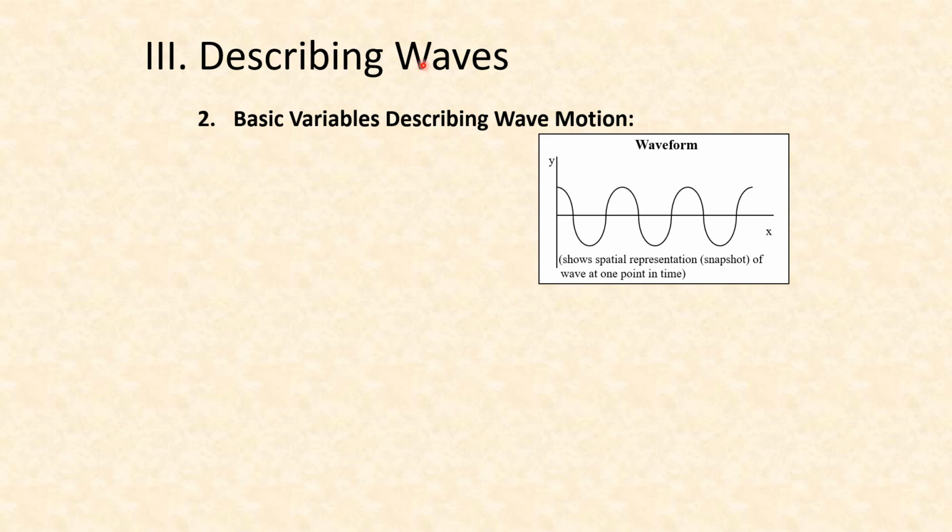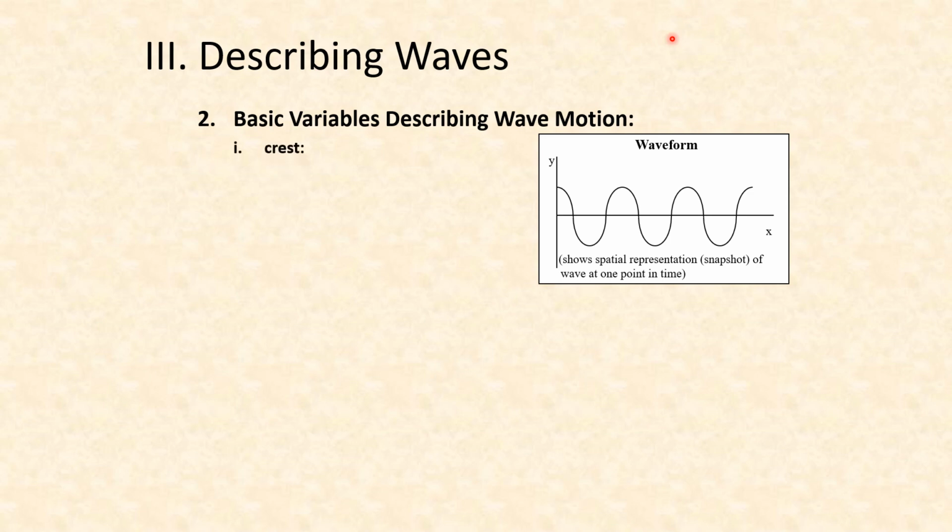And you'll notice what you see here on the screen, and I was careful to make a point of this on the previous slide, this is a waveform. So this shows you a spatial representation of a wave. You can imagine, for example, that this represents a wave traveling on a string. You're seeing a snapshot, a picture of that wave in space at one point in time.